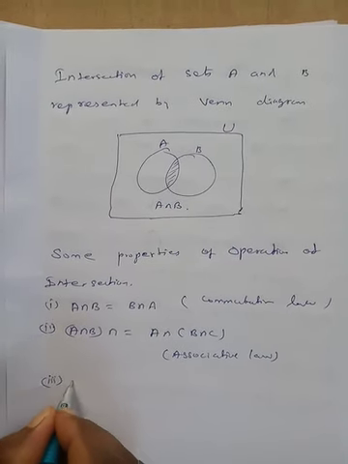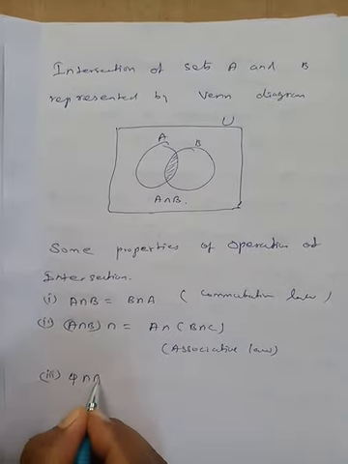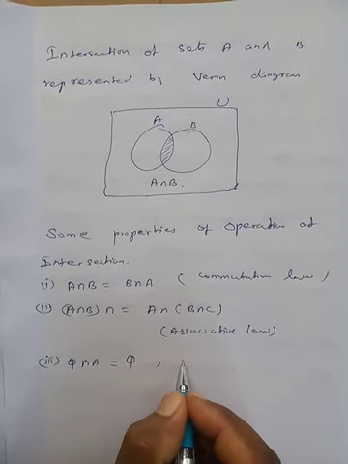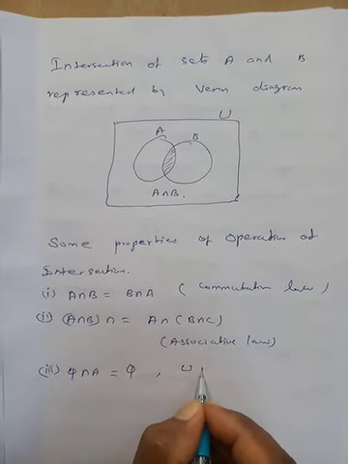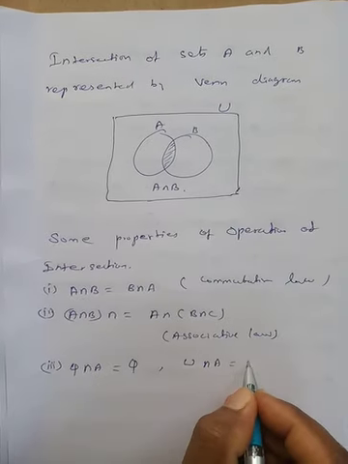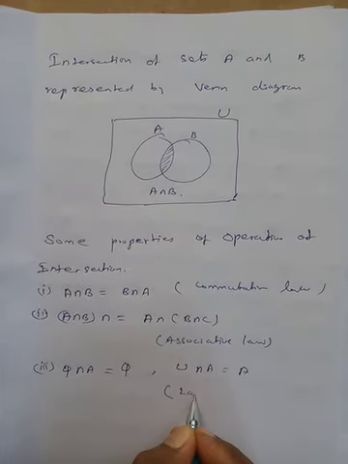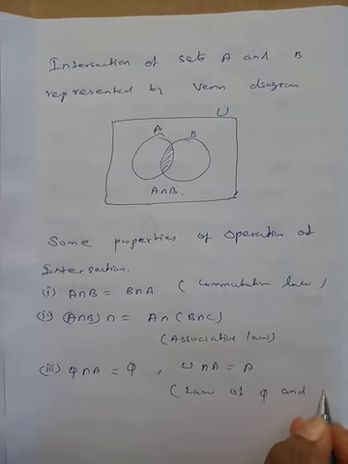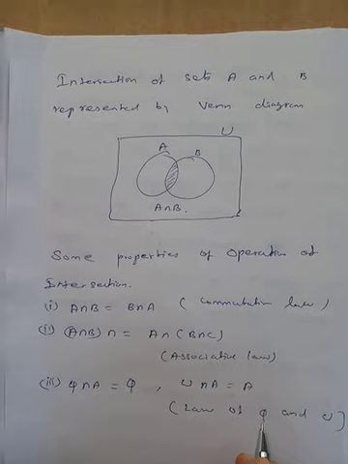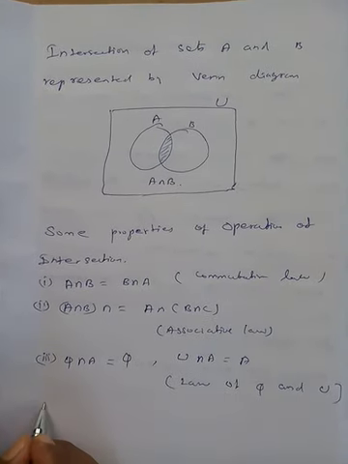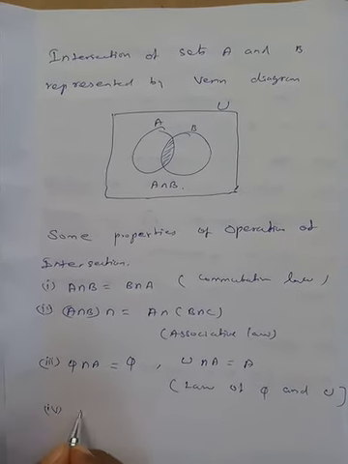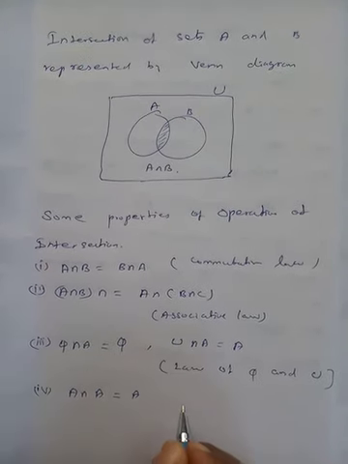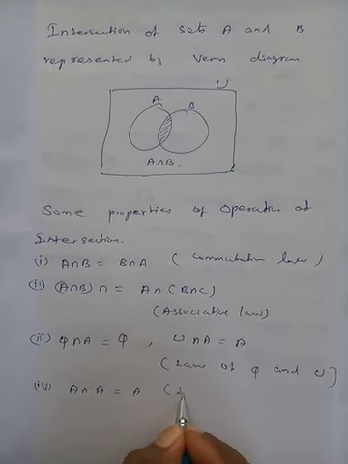Third one, ∅ ∩ A equals ∅, and U ∩ A is equal to A. This is the law of empty set and universal set. And fourth one, A ∩ A is equal to A, the idempotent law.